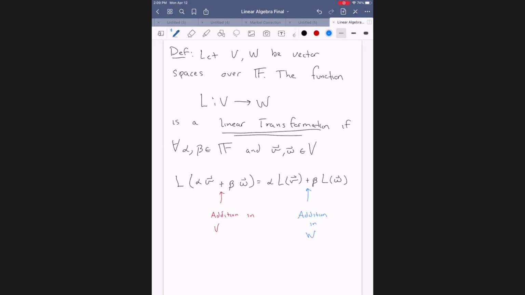Remember, every vector space comes equipped with an addition, and V and W are two different vector spaces. So that addition is in V, that addition is in W. Keep this in mind because it is an important distinction to make.